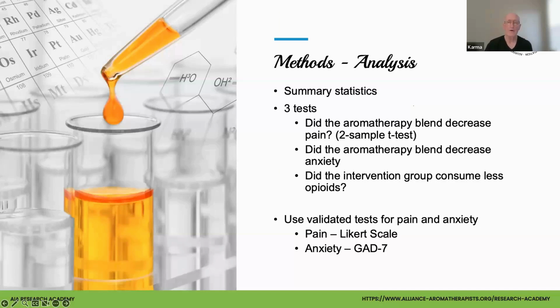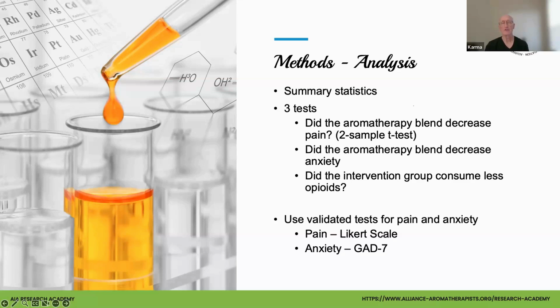Okay. Now, the analysis. You usually do summary statistics, and summary statistics means the means. So you take, let's say, the anxiety score of the control group, and you sum up, divide by the number of people, you get the mean, and then plus or minus 1 standard deviation.